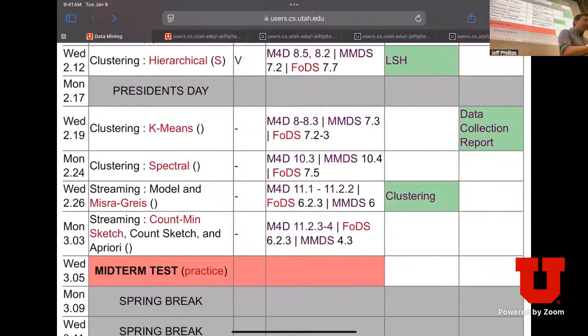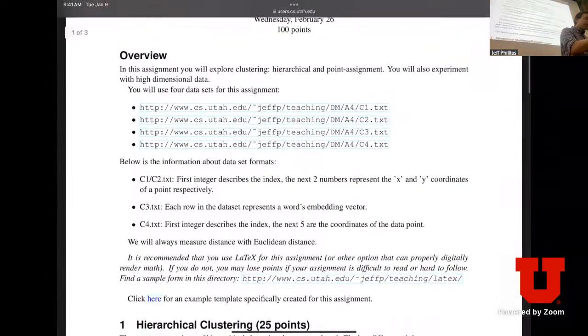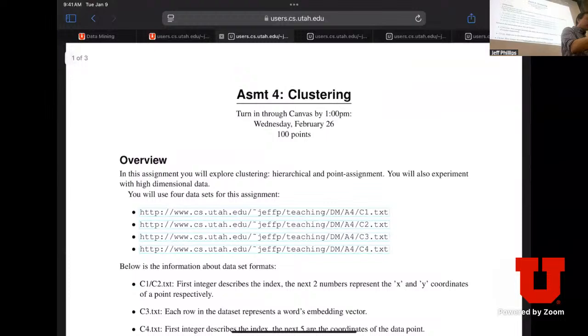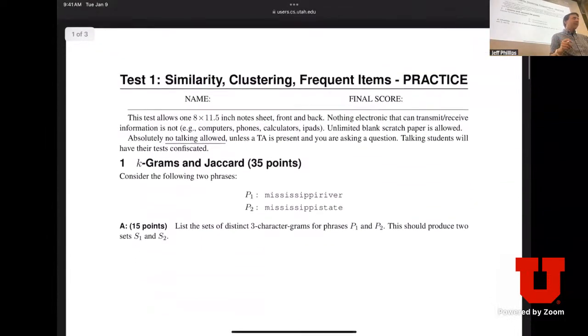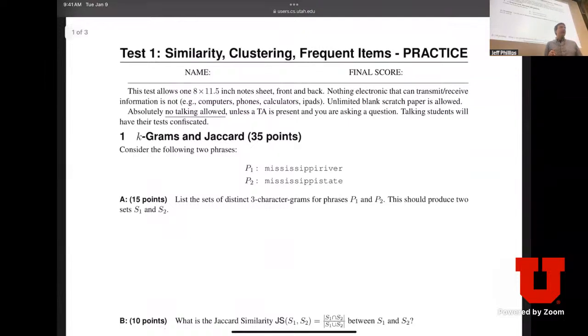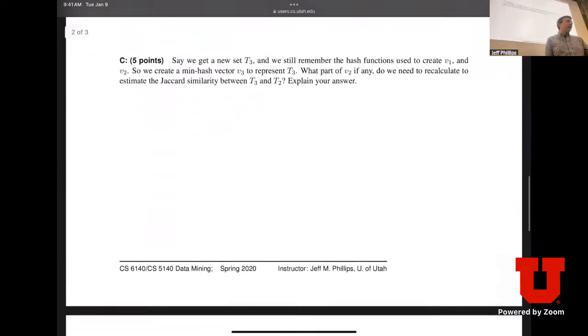There's a practice example. This is an old practice exam from a number of years ago. I've emphasized slightly different things, but I think it's an okay representation of what the test will be like.